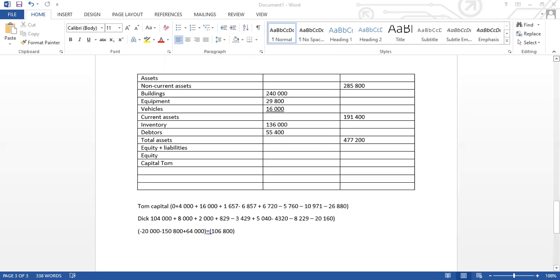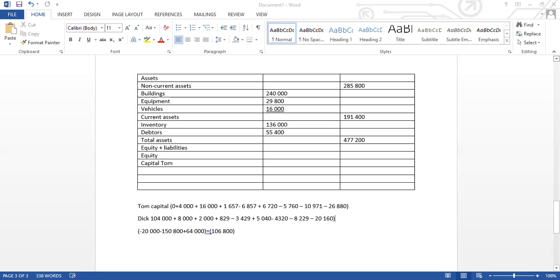But in the memo, it's saying capital of Tom is 32,789, and then of Dick, 85,891. Probably there's some missing information.